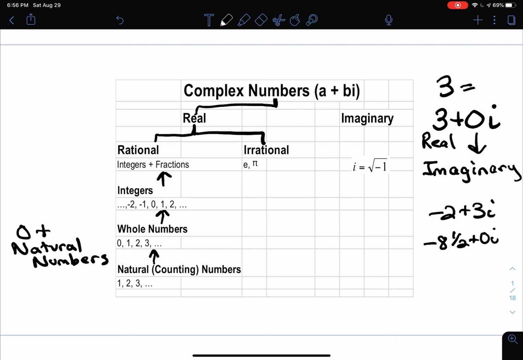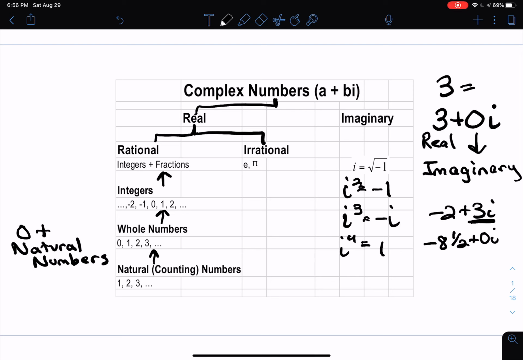Imaginary, that's when you start having something other than 0 in there. That's where I wrote the -2 plus 3i. I introduced imaginary there. i represents the square root of -1. i squared is -1, so that's real. But then you get to i cubed, and you get -i, and you get i to the fourth, and then you're back to plain old 1.